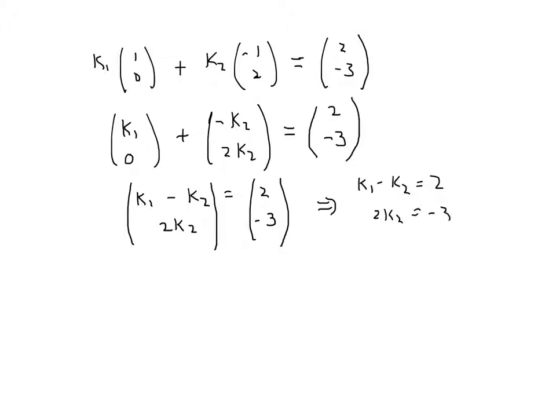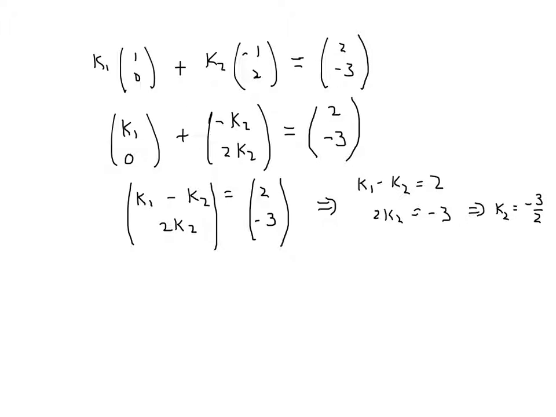It says this will be true if k1 minus k2 is equal to 2, and if 2k2 is equal to -3. Well, this implies that k2 is, as predicted, a negative number, in fact, negative 3/2, so that makes sense.